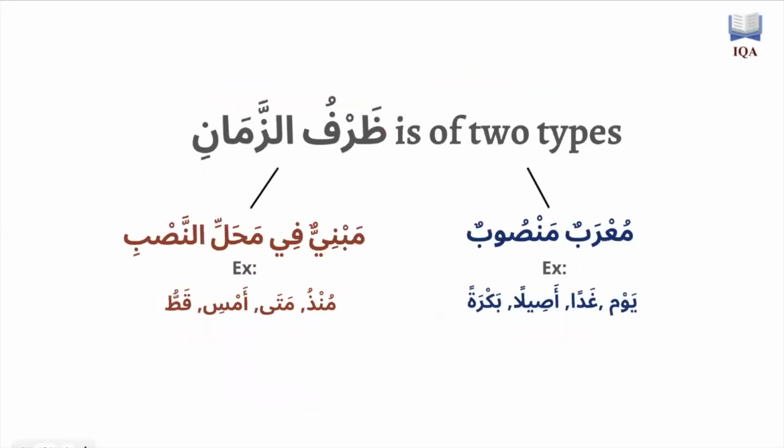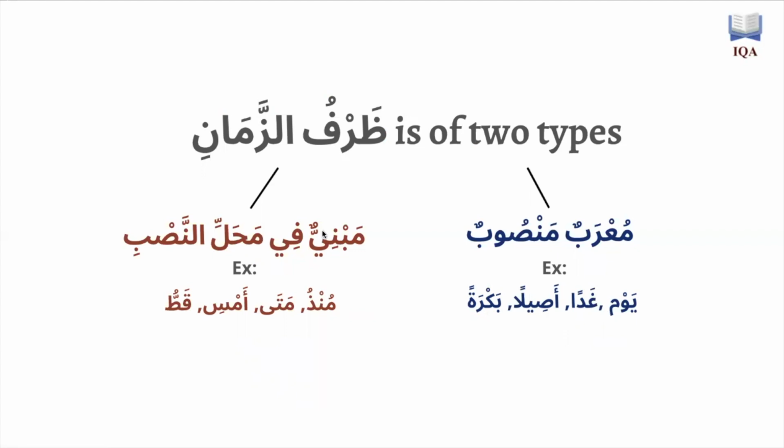Now, the ظرف الزمان is of two types concerning its i'rab, its ending. What is mu'arab mansub? It will be mu'arab, meaning that its ending can clearly change. It can accept al-i'rab al-lafzi, and it's mansub. يوم, غدا, أصيلا, بكرة are going to be معرب and mansub.